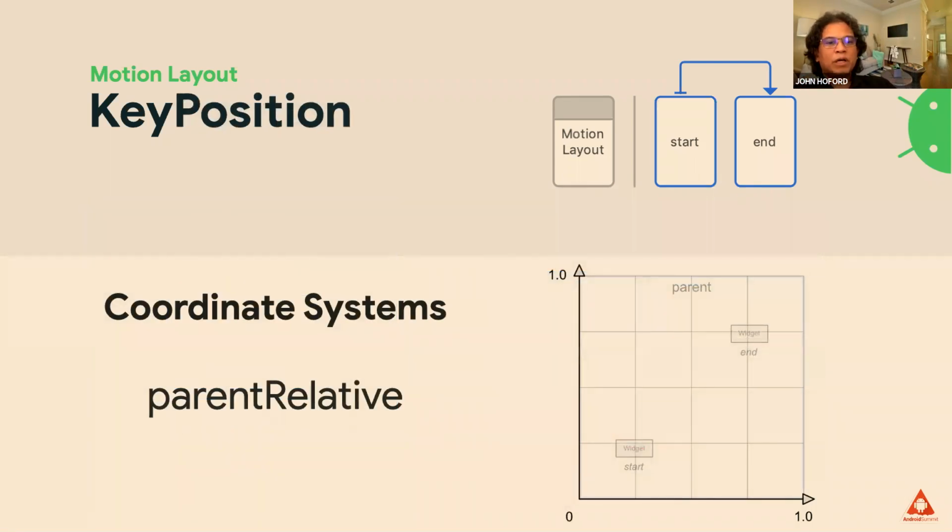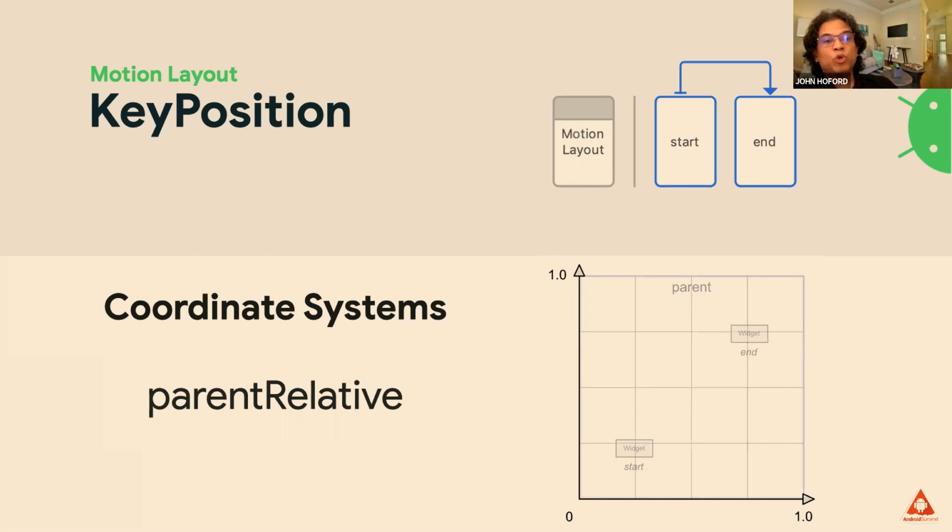We have a parent relative, which is essentially what you would normally think of as the coordinate system of a view. The parent's top left-hand corner is the 0, 0.